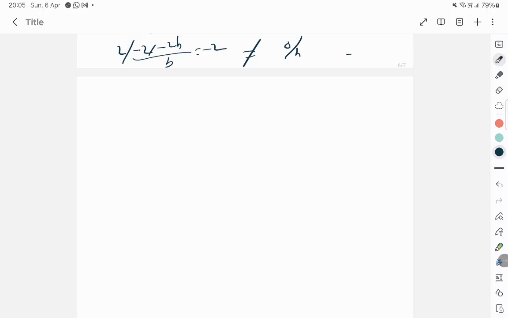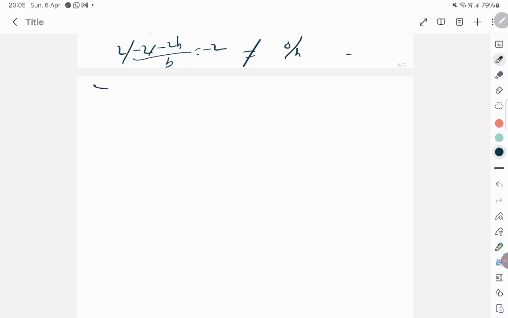So let's go to the next question, which I wanted to try. Okay, we can do this sum also. Check whether it's differentiable.